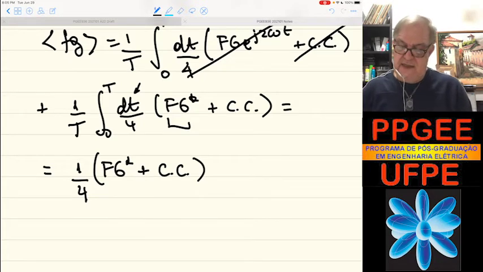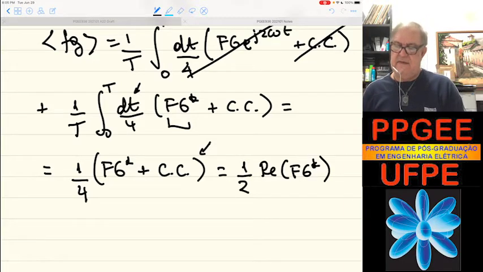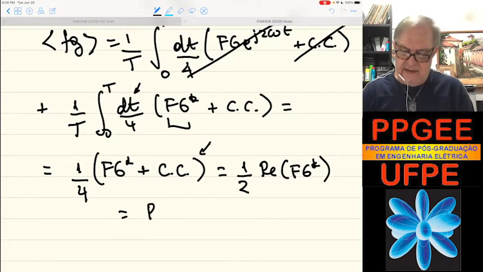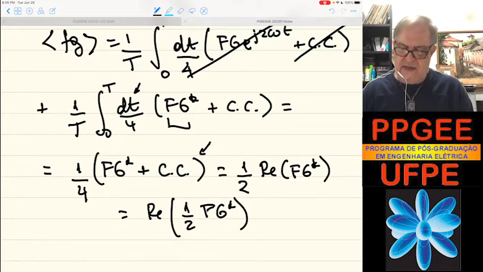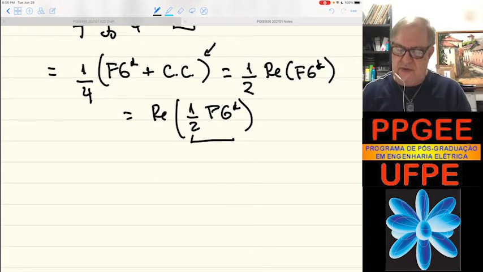So that's 2 times the real part, right? So that's going to be 1/2 real part of fg conjugate, or the real part of 1/2 of fg conjugate. So this quantity fg conjugate over 2 has a meaning, okay?